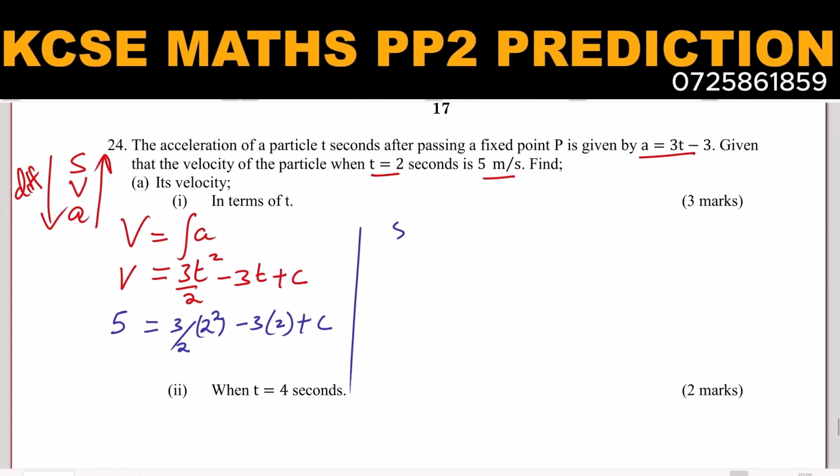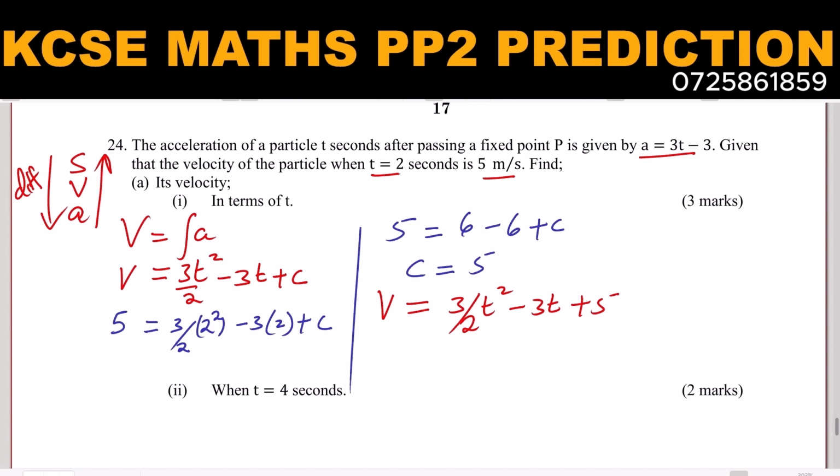So 5 is equal to, when you open this bracket, 6 minus 6 plus c. Therefore the constant of integration is 5. Now you can write your full expression for velocity: v is equal to 3 over 2 t squared minus 3t plus 5. That is the velocity in terms of t.